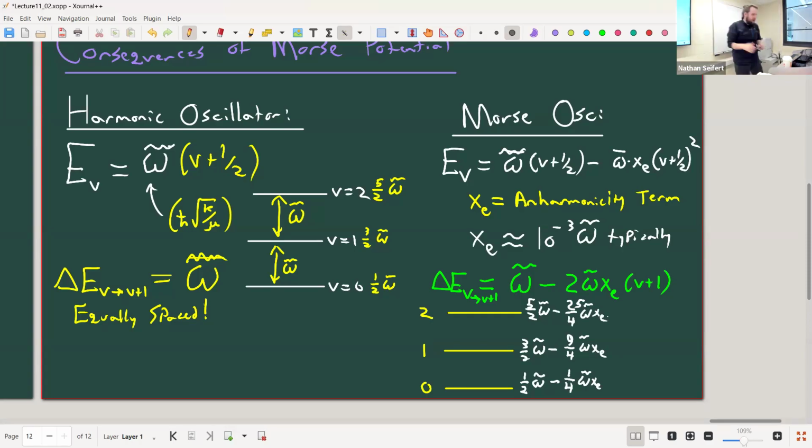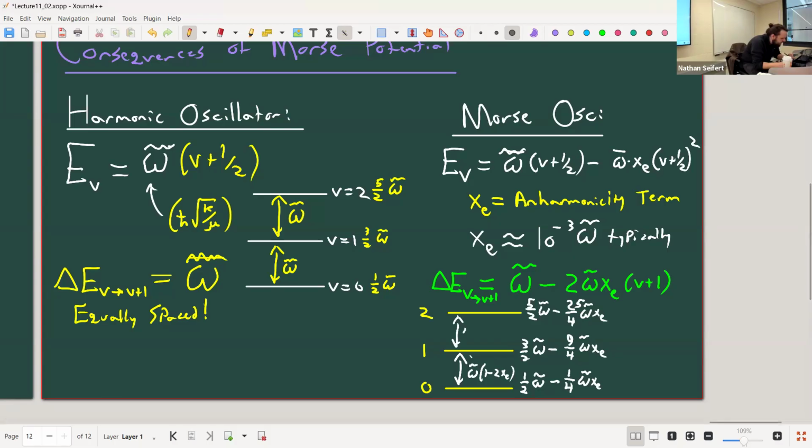So what's happening is the energy levels are getting smaller and smaller. Right. So the spacings are now omega minus. Well, let me just write it like this. The spacing here is omega (1 minus 2 x sub e).